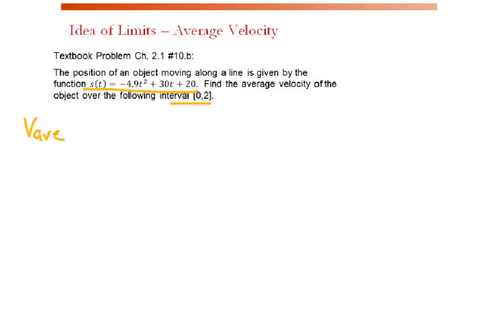So the average velocity is equal to the change in position over the change in time. So the change in position is going to be found by the function s, the position function, and the input to s is time. Right? So time is your independent variable.